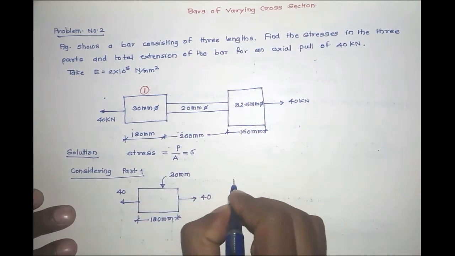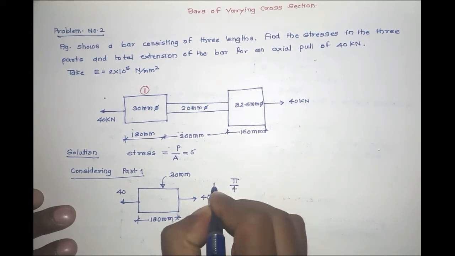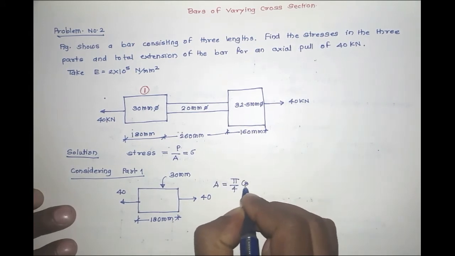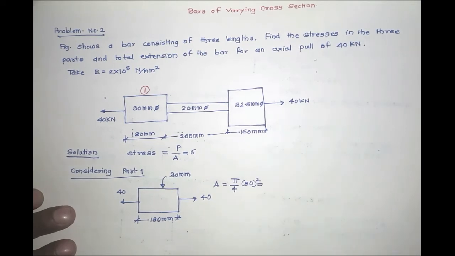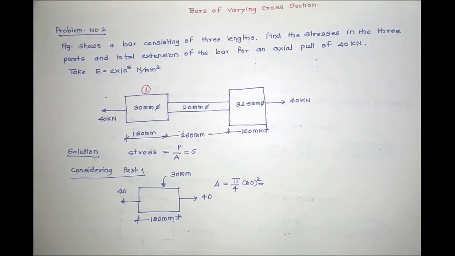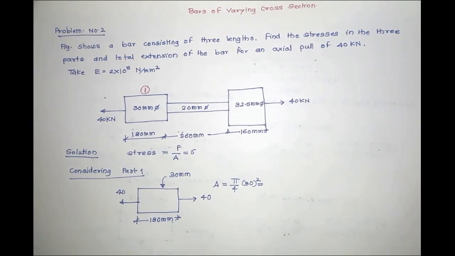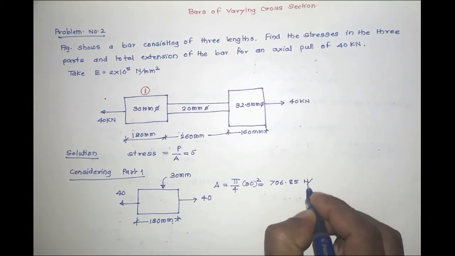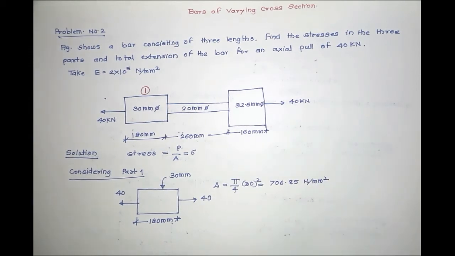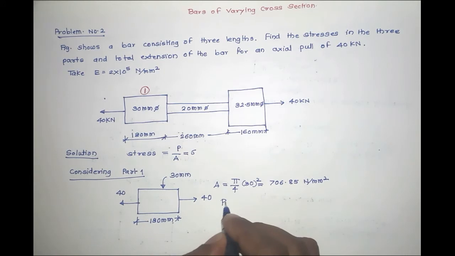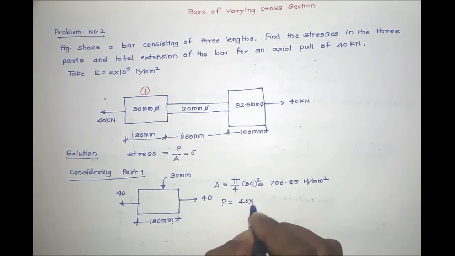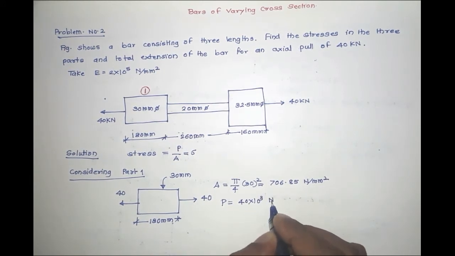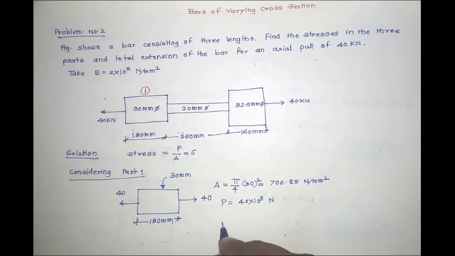Now first I will calculate the area, which is pi by 4 into 30 square, equal to 706.85 millimeter square. And we know the load, which is 40 into 10 to the power 3 Newton. Now we can calculate the stress.